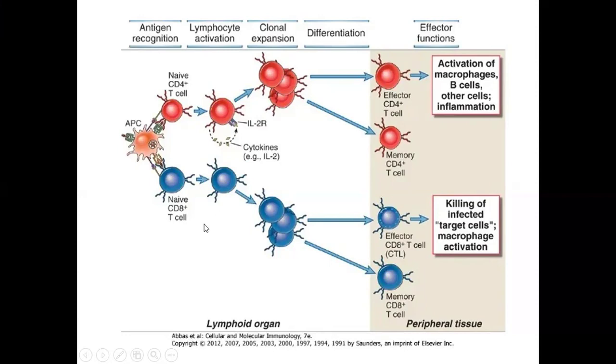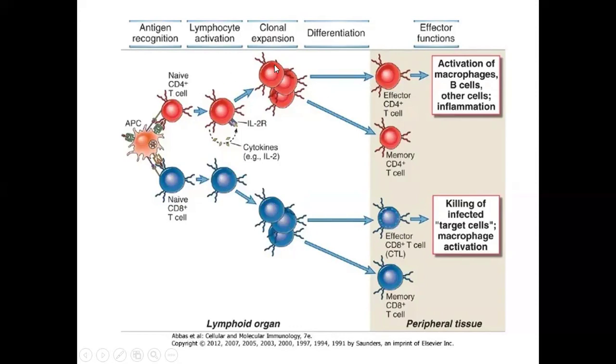So antigen recognition by T cell and by CD8 cell, and then the process of lymphocyte activation of T helper, clonal expansion to T helper second, and they also send the signal to the CD8 cells. CD8 are activated and start to proliferate into clones of activated CD8 cell, effector T helper cell.